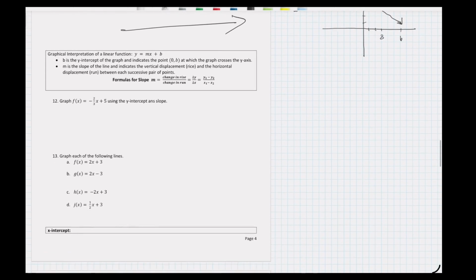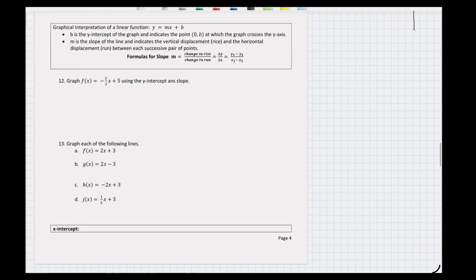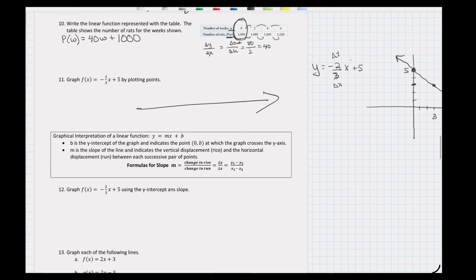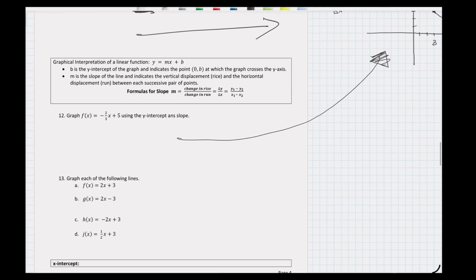Next, I did this here, but it said to graph by plotting points. I should have made a table of values: plug in x, find the y. I think we're good.